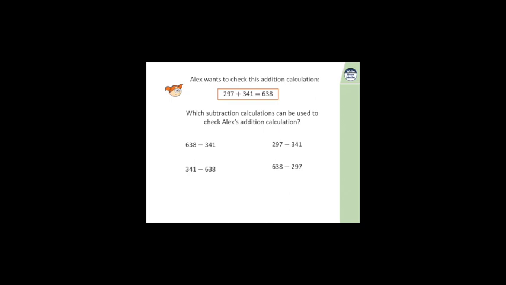And straight away, something about that should seem a bit odd. 341 minus 638. There's another one. That might seem a bit strange to you. The past two answers, would you end up with a negative number maybe? And finally, 638 minus 297. So which ones could she use to check her answer? Have a think. Pause the video and then carry on.